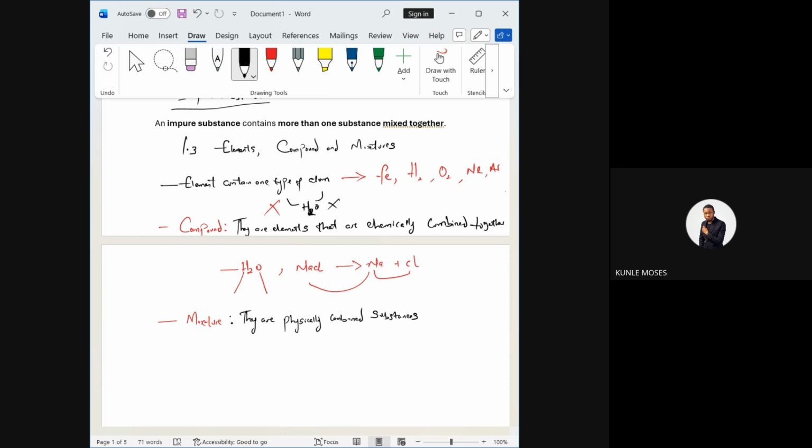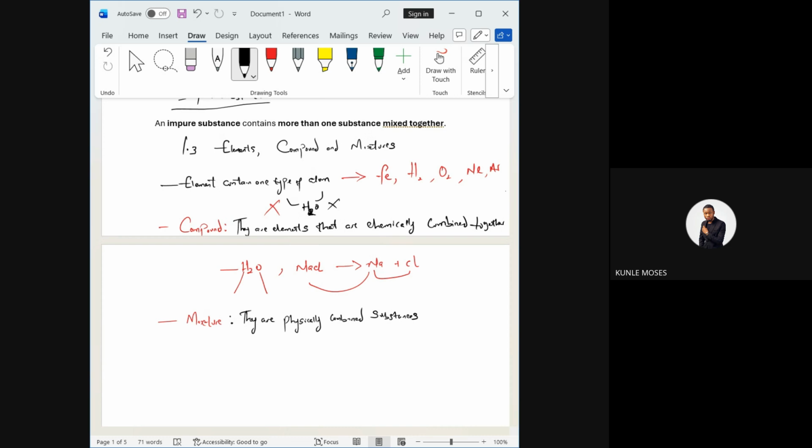Do you get that? Any substances that are physically combined together are mixtures. Here is an example of a mixture.